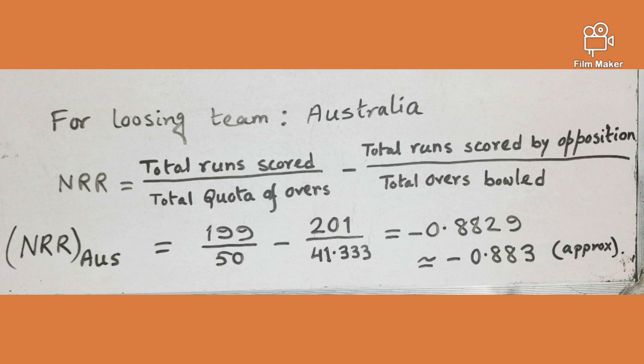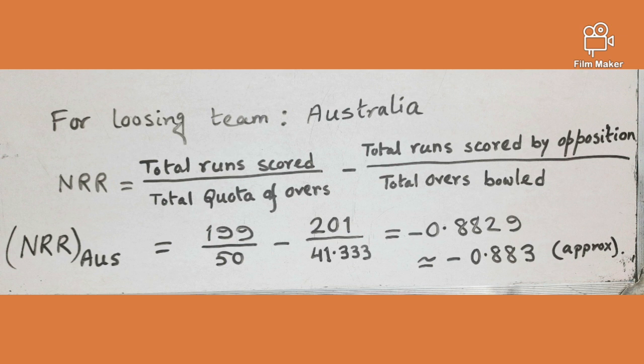Let's make the run rate for Australia, the losing team, and we put in the formula the data 199 by the total quota of the overs 50, minus India's scored runs 201 by the total overs bowled by Australia, 41.33, which is minus 0.883 in approximation mathematically.